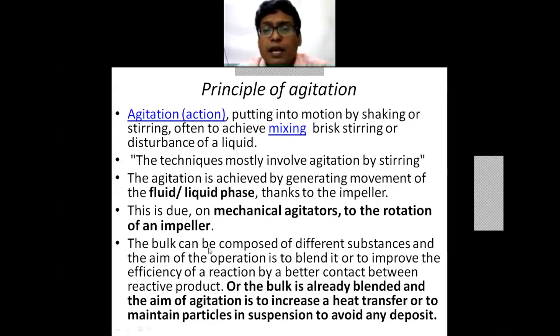The bulk can be composed of different substances, and the aim of the operation is to blend it or to improve the efficiency of reaction by better contact between the reactive products. Or the bulk is already blended, and the aim of agitation is to increase heat transfer or to maintain particles in suspension to avoid deposits, which is needed in case of a slurry.